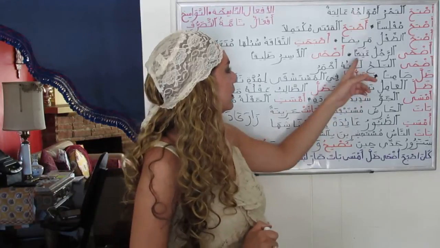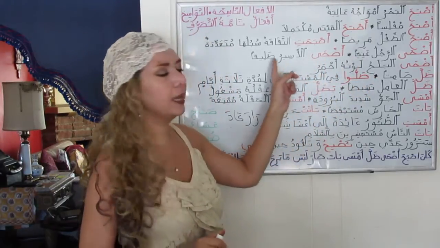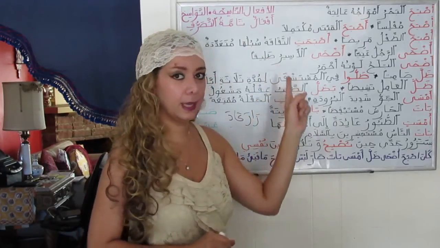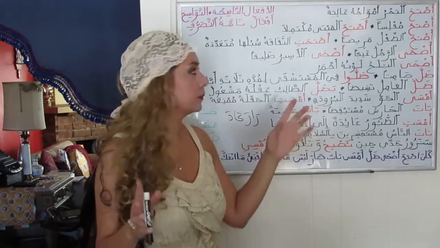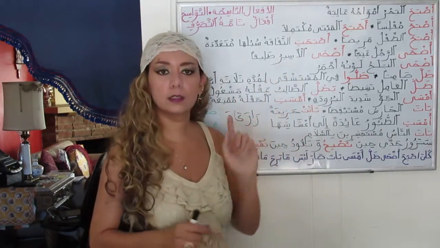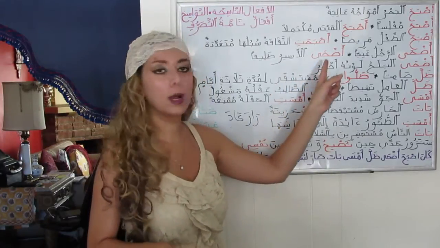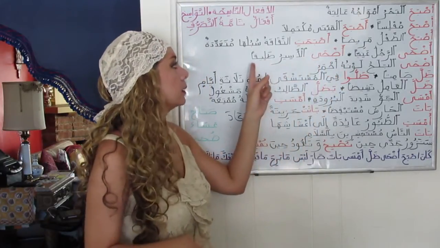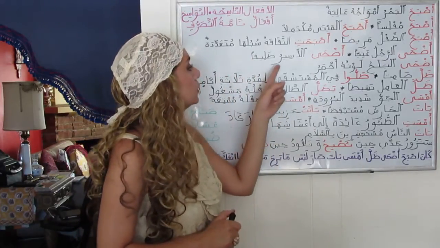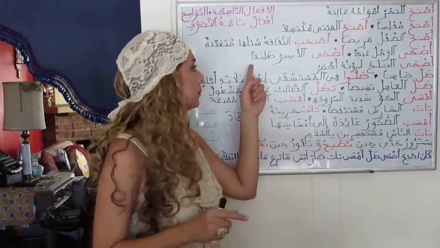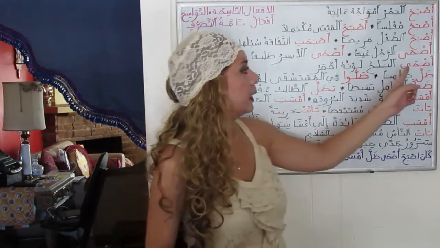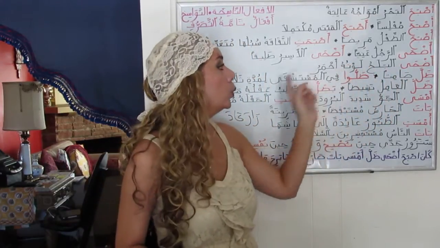Alright? أضحى الأسير طليقا. The prisoner became free. When? In the forenoon. So al-asir, the prisoner, is ismu أضحى, the noun of أضحى. طليقا is the predicate in the accusative case. So the prisoner became free in the forenoon. أضحى البلح لونه أحمر.